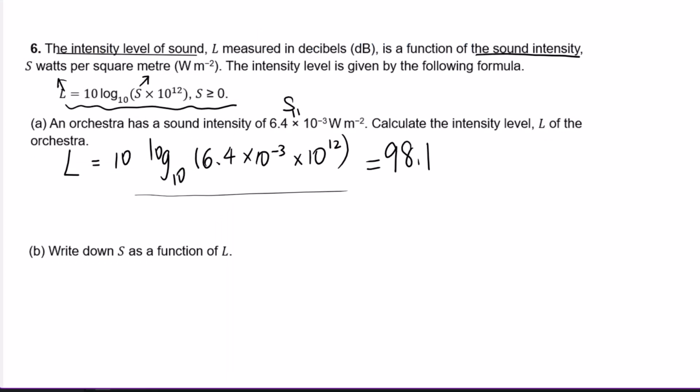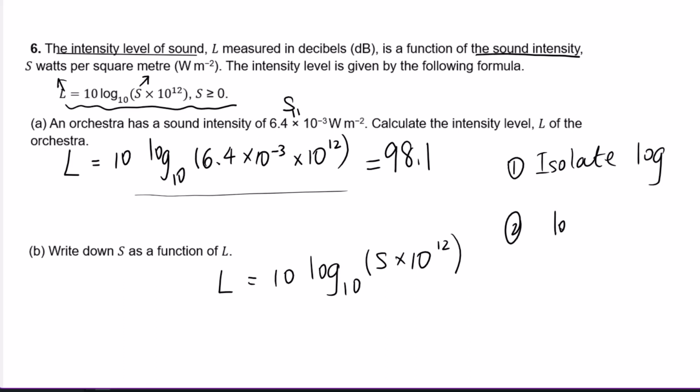For b, write down S as a function of L. L equals 10 log base 10 of S times 10 to the 12th power. First of all, you need to isolate the log. If I have log base B of x equals C, we need to add base B on both sides, so we get x equals B to the C power.